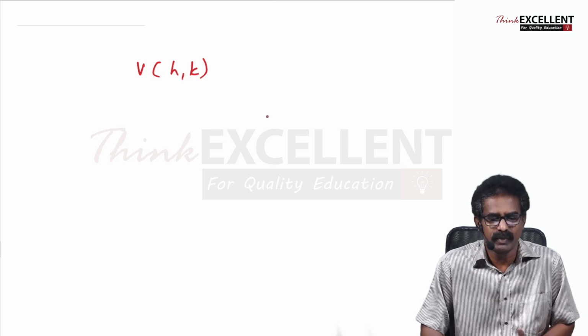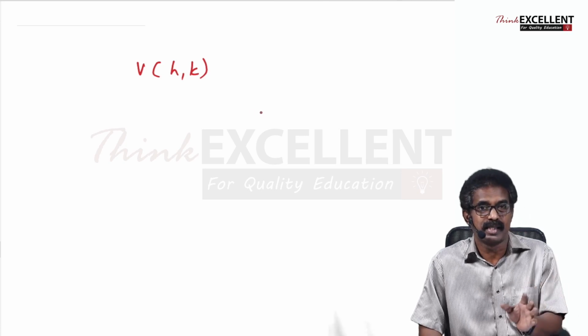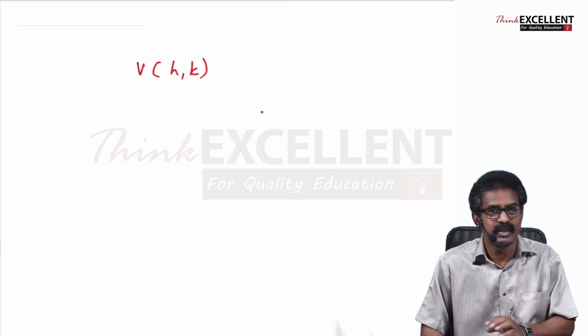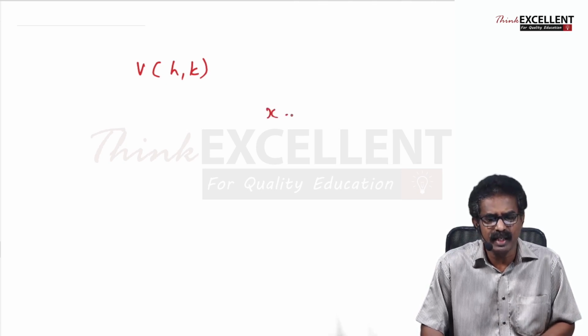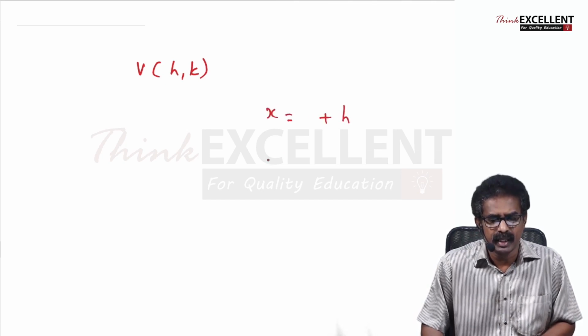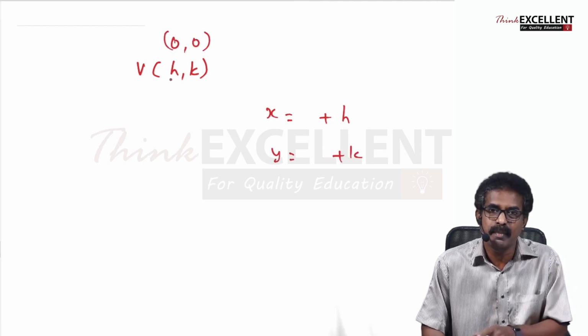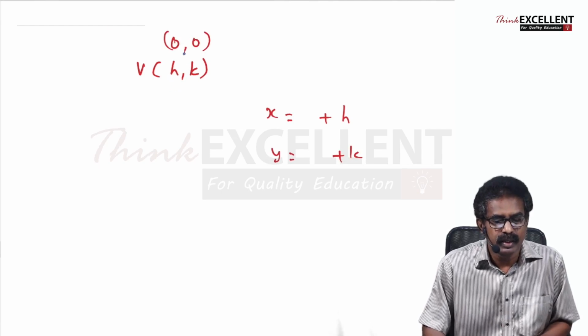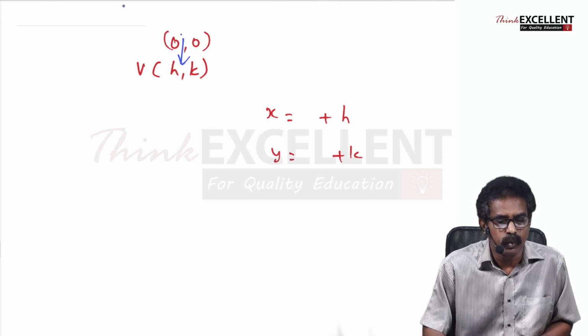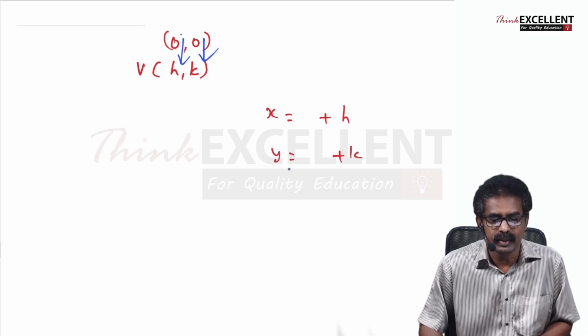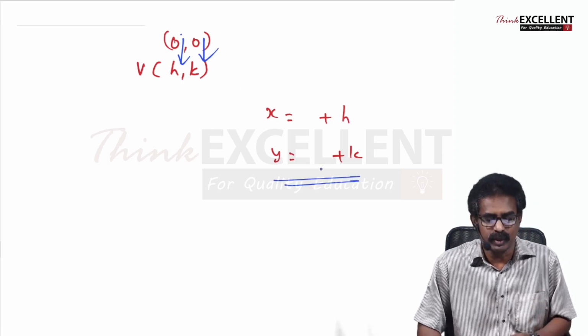If you learn the results for vertex (0, 0), it is very easy. For the x value you add h, and for the y value you add k. Instead of (0, 0), it is now (h, k). So the 0 for x becomes h, and the 0 for y becomes k. Remember this alone, and you can do it very easily.